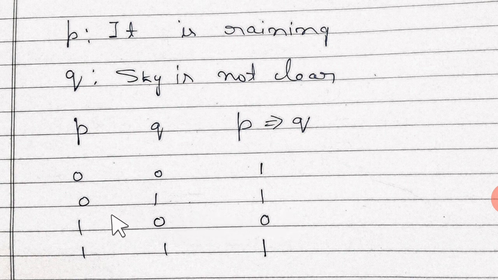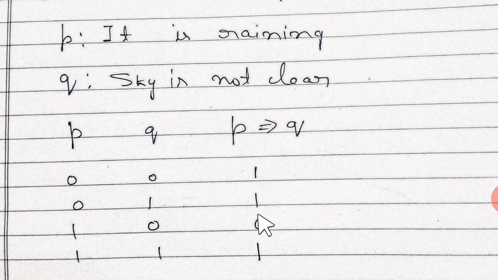Or we can say that whenever the antecedent is true and the consequent is false, P conditional Q will produce false.